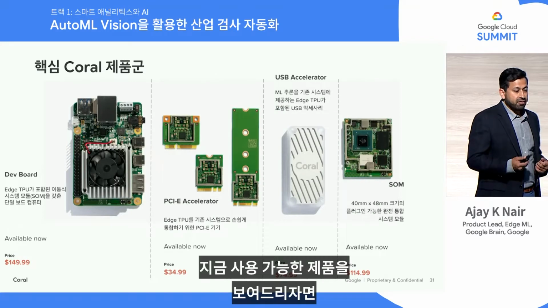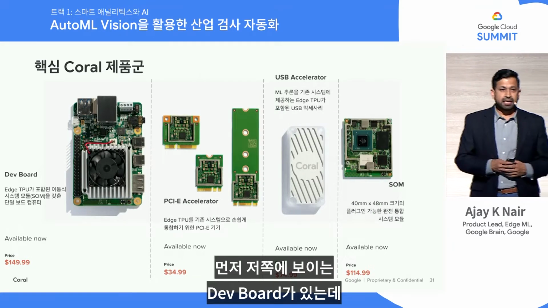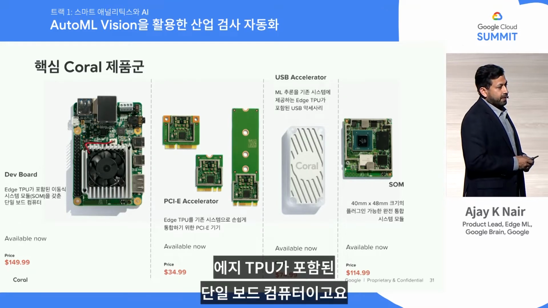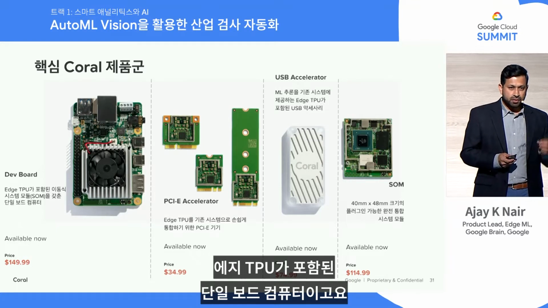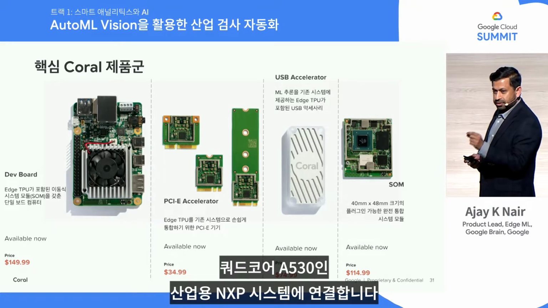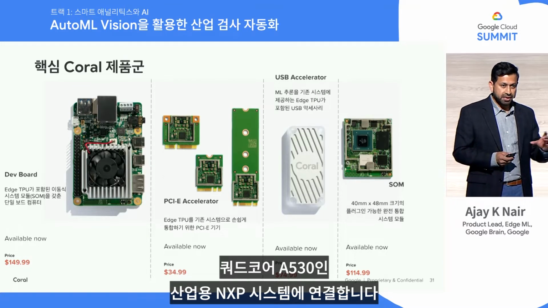The products that we have available today are shown here. On that side is a development board, which is available now. And that is essentially a single board computer which takes the Edge TPU, and we connect it to an industrial grade NXP system on chip, which is a quad-core A53.